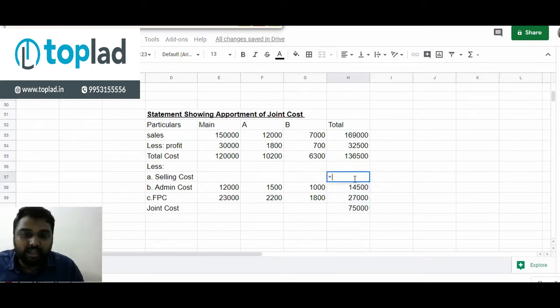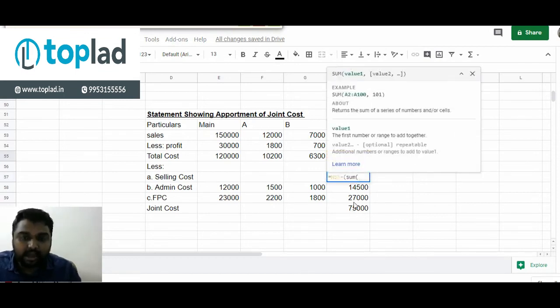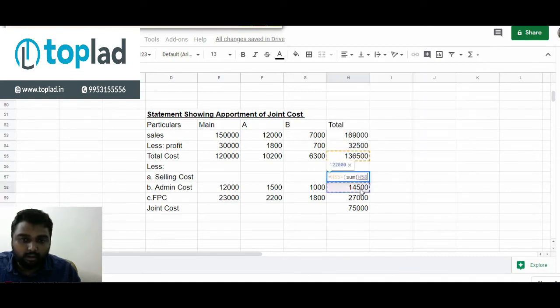That means the total cost of 1 lakh and 36,500 minus the sum total of all the other costs.